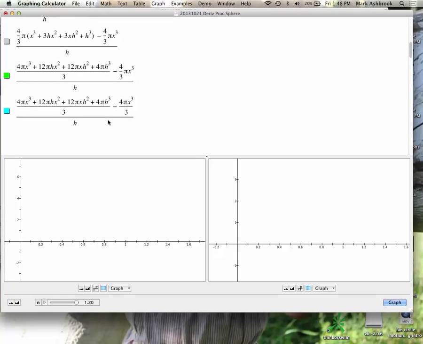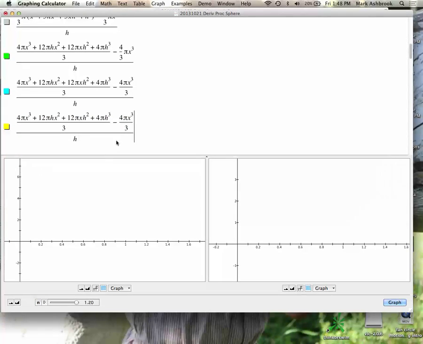We'll just grab what we want here. We know that will go away with this. There we go. So the 4 pi x cubed over 3 minus 4 pi x cubed over 3 results in this right here.